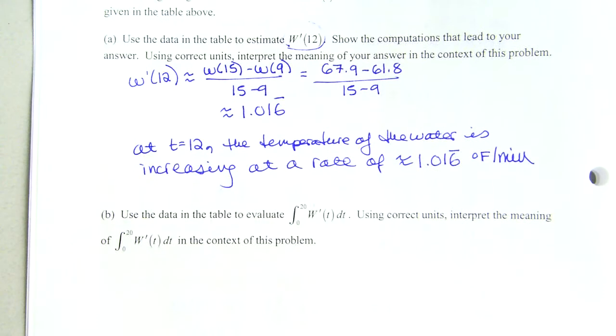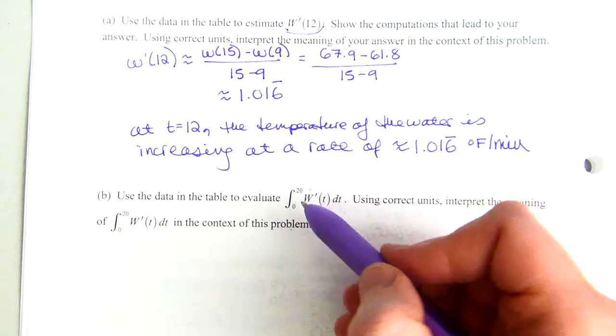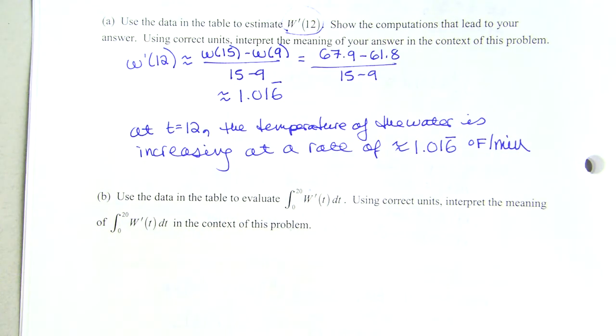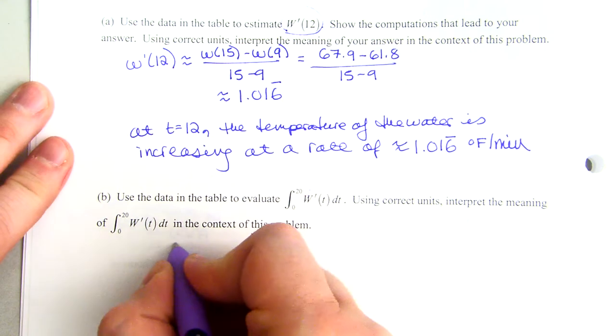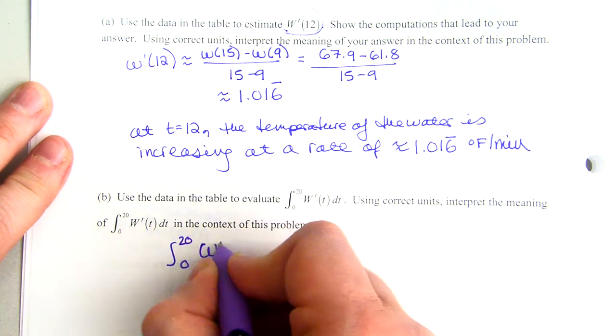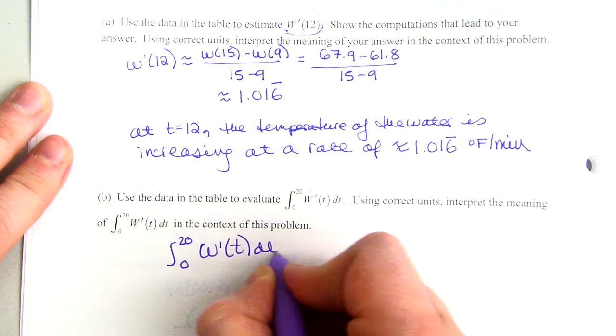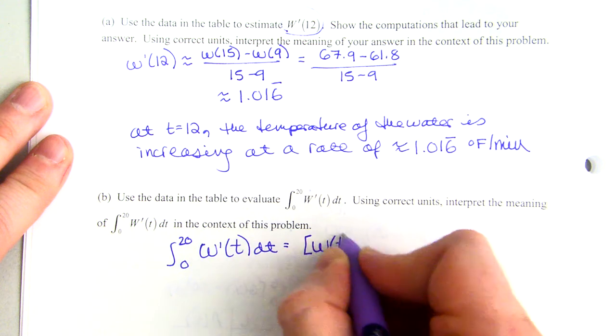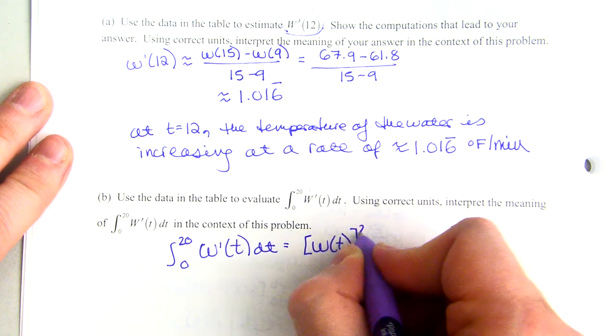Part B. I want to figure out the integral from 0 to 20 of w prime of t dt, and then interpret what that means. Well, by my first fundamental theorem of calculus, if you integrate w prime, you're going to get just w of t from 0 to 20.